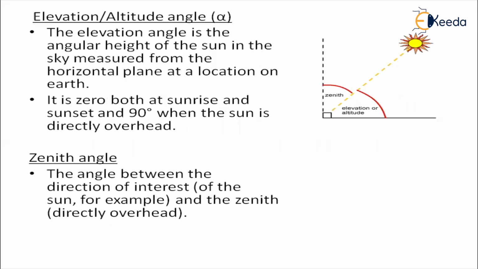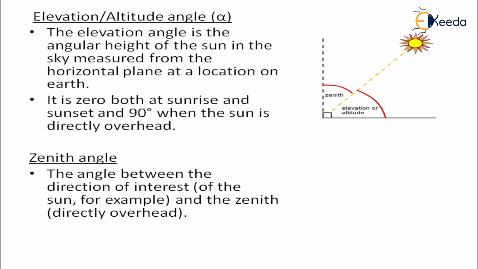Elevation or altitude angle, alpha. The elevation angle is the angular height of the sun in the sky measured from the horizontal plane at a location on the earth. It is 0 both at sunrise and sunset, and 90 degrees when the sun is directly overhead, at 12 o'clock noon.